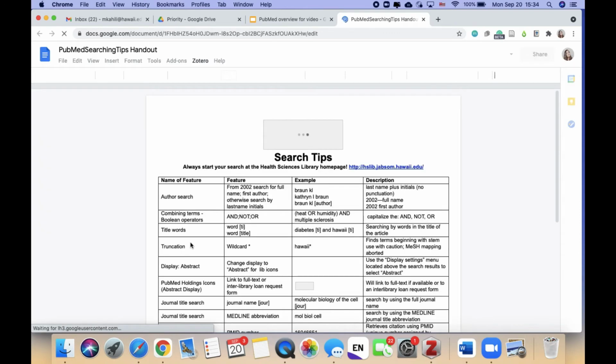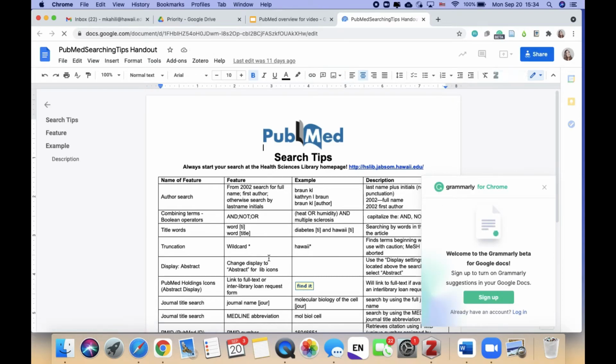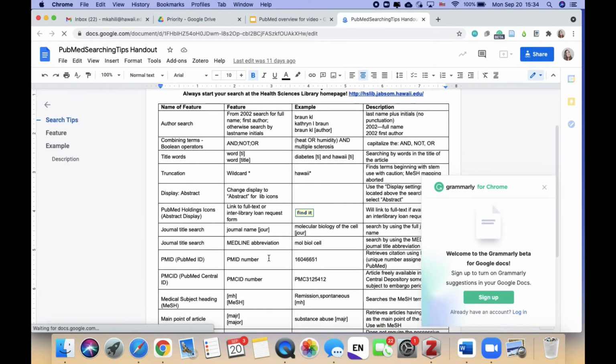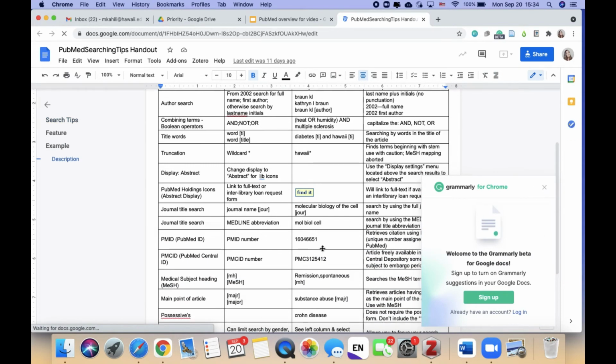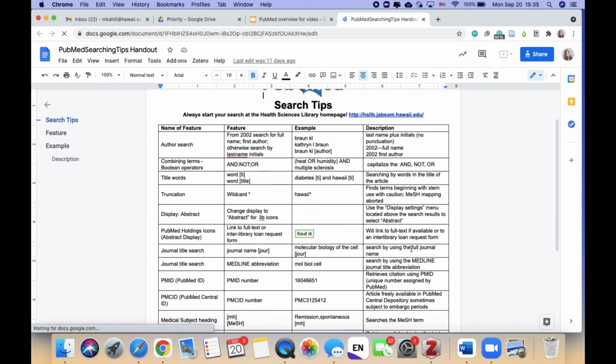It's a Google Doc with some reminders of different ways you can search. So your ability to search by different fields, how you might use the ANDs, the ORs, or a NOT. So just some good reminders here, along with some description of what these different ways of searching will do to your search.